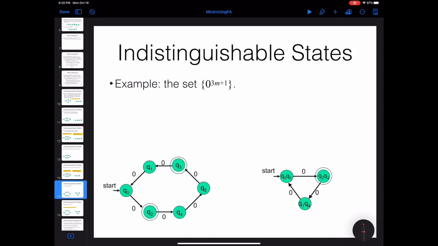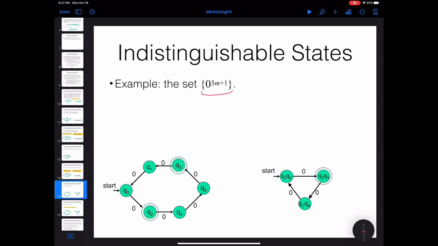So I'm just checking all the possible behaviors over these states. Let's see another example. What do you think about these DFAs? As you can see, the left one is going to accept all strings of 0s where the remainder of the length over 3 is going to be 1.